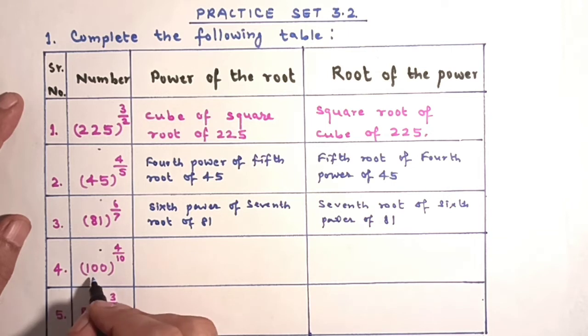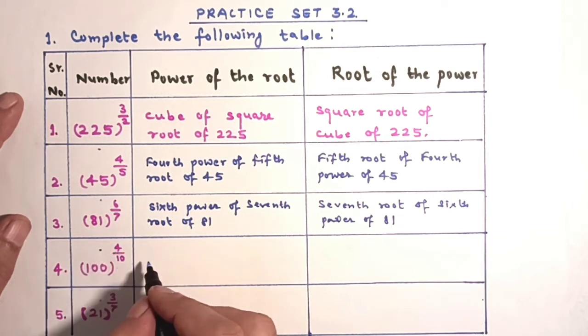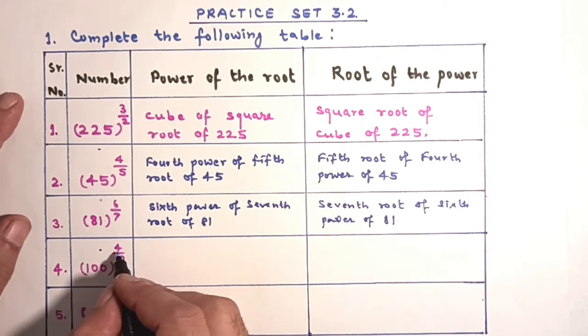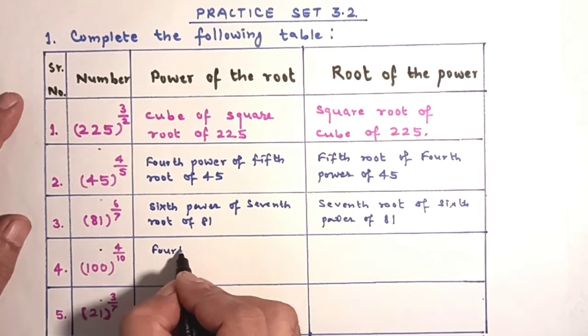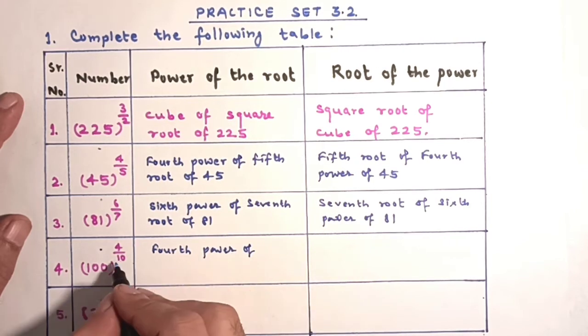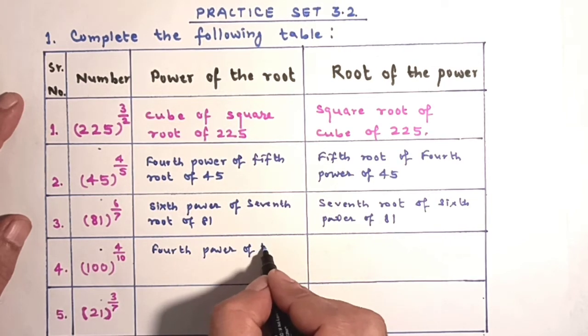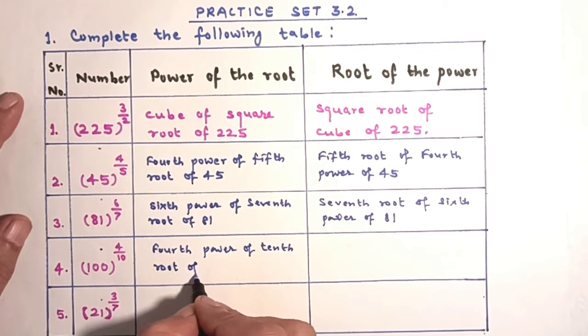Next, 100 raised to 4 upon 10. So here base is 100. If you see, power is 4. So fourth power of 10th root of 100.